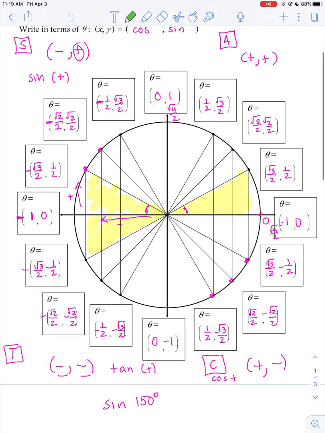Since it was pi over 6, that's the 30-degree angle, so that's the triangle highlighted in the first quadrant. I go to the x value of that angle measure. For pi over 6, the x value is radical 3 over 2. That x value is positive in that quadrant because x is positive.